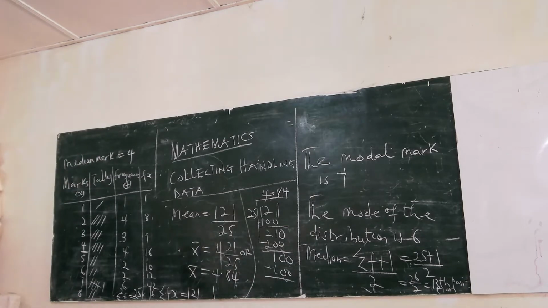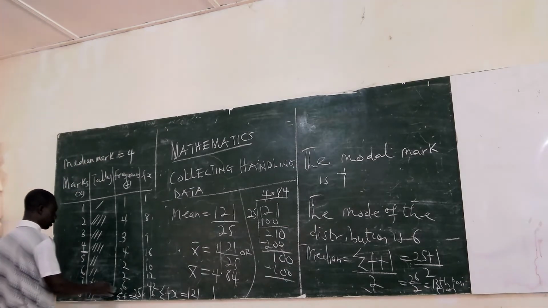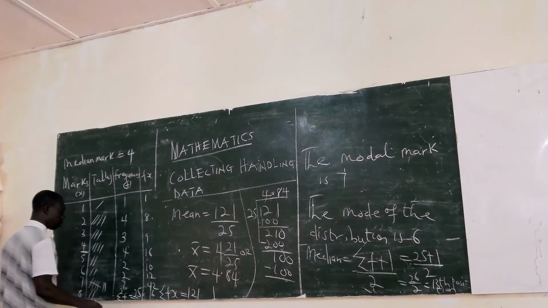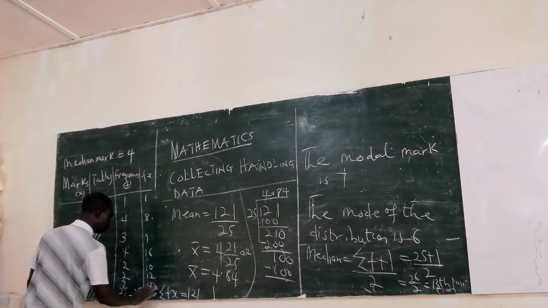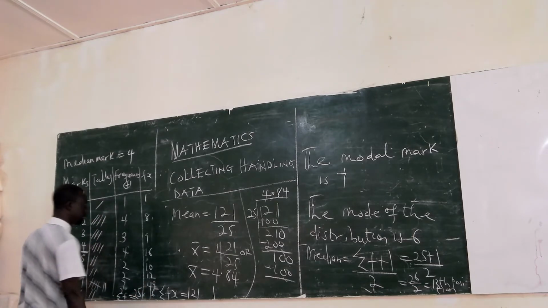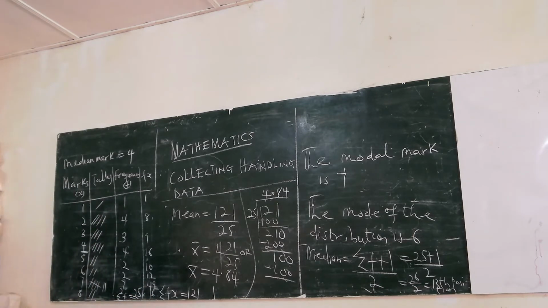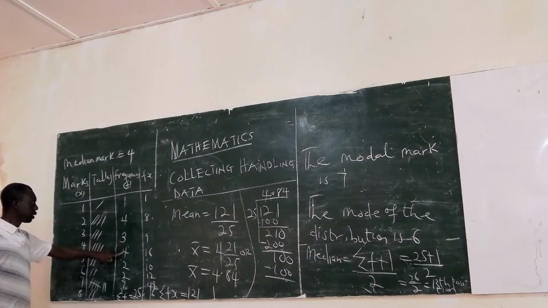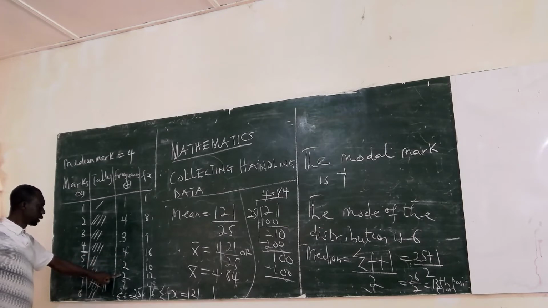It's 7, so here it should go 49. So let's add this again: 5, 8, 12, 14, 16 plus 7 is 23. 23 plus 2 gives us 25.